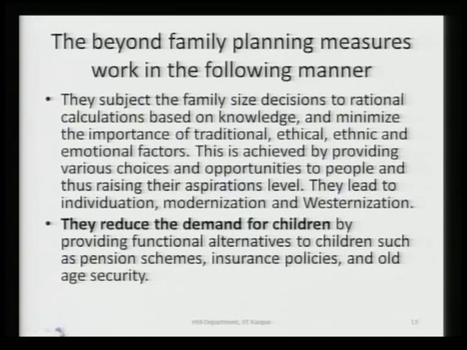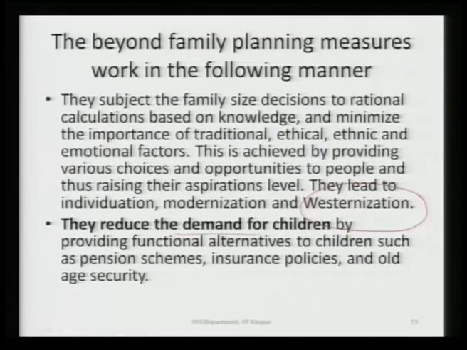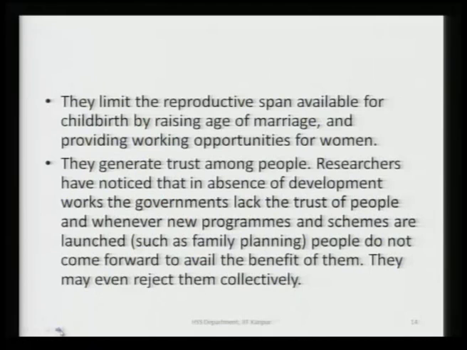They lead to individuation, modernization and westernization. Westernization has been found to be a major factor in reduction in ideal family size in our country, independent of education or anything else. These factors reduce the demand for children. They limit the reproductive span available by raising the age of marriage. They generate trust among people.